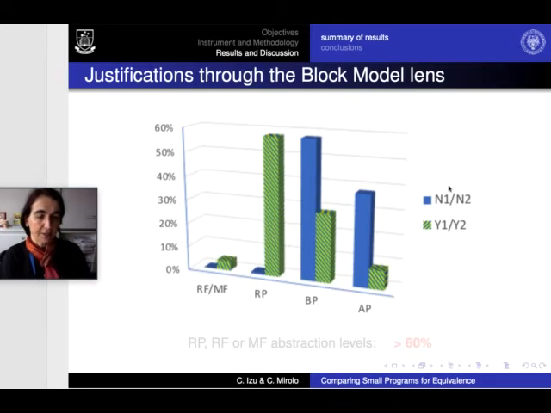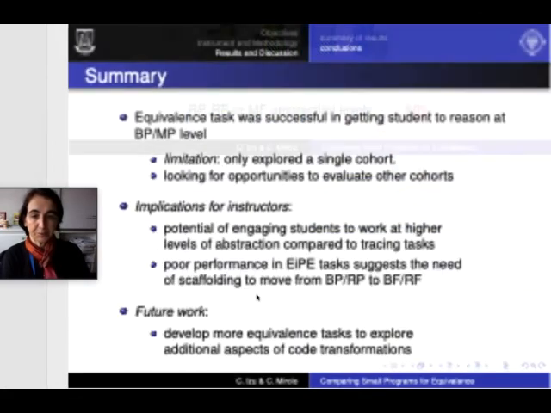And when the answer is no, because we asked for a counterexample, then they're either providing a trace example, so they work at the AP level, or they are discussing why the relationship between the blocks has changed. So that means that when we look at the top level of abstraction, we have about 60% of the class working at that high level of abstraction.